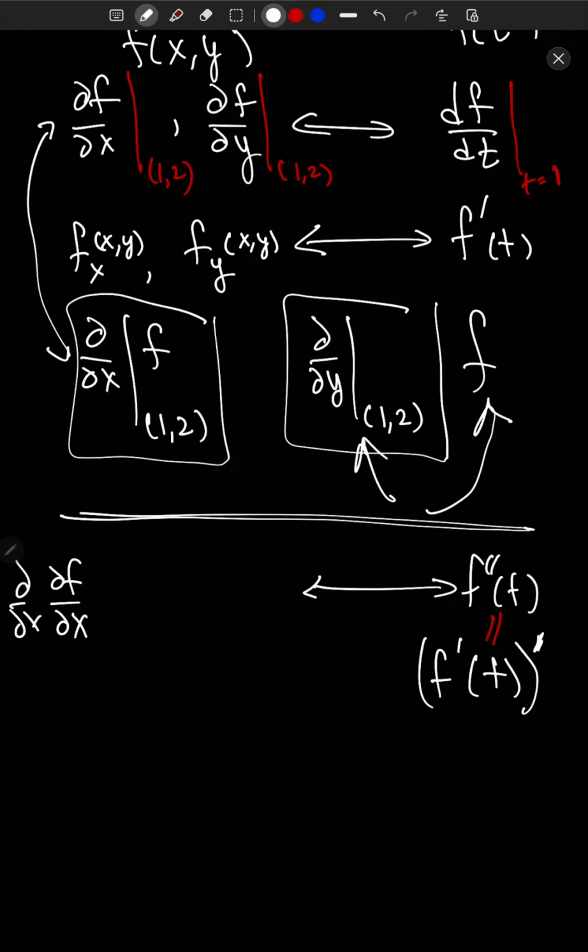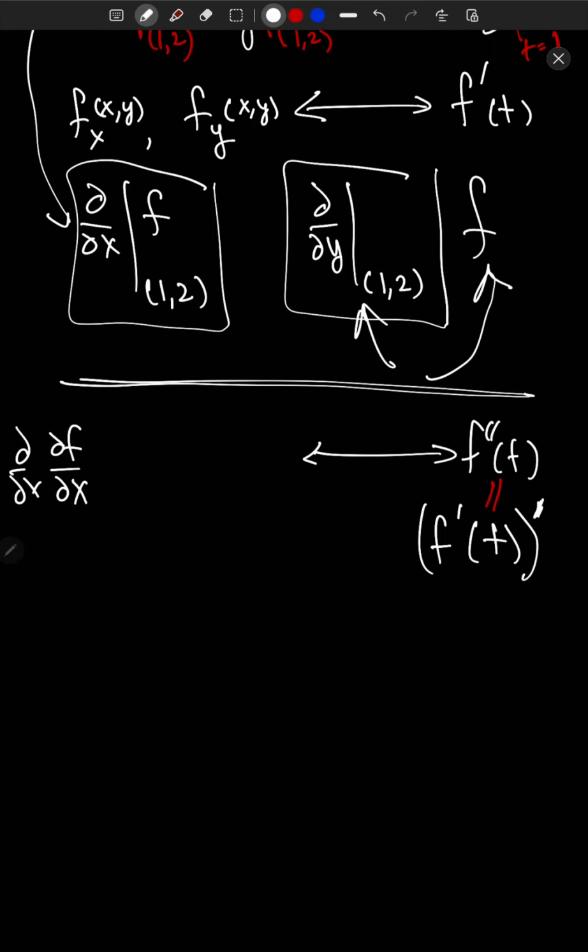The notation for this, because we don't always want to write all these d's unnecessarily, is d squared f dx squared. This is taking the derivative of f in the x direction, the result is a function, and then we take the derivative of that in the x direction again.